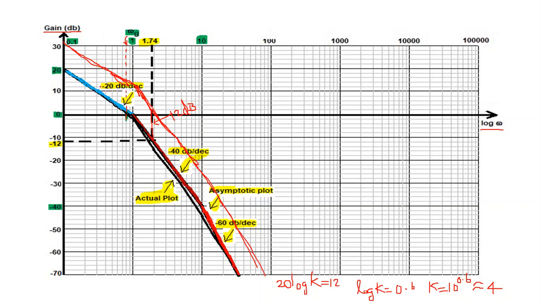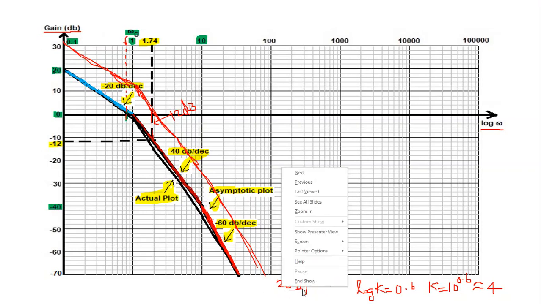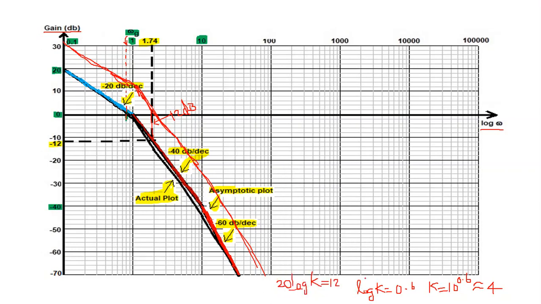So this K only can contribute. K only shifts the entire plot by equal magnitude everywhere without influence of frequency. Therefore 20 log K is 12. So we take log K, 12 by 20 is 0.6, K equals 10 to the power 0.6, which is about 4.